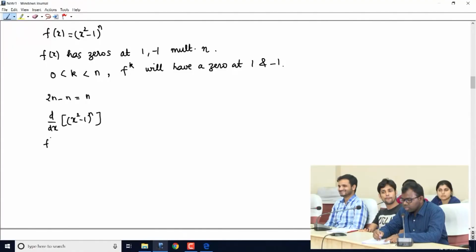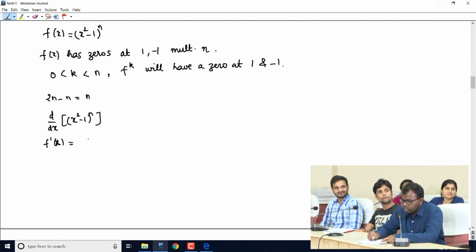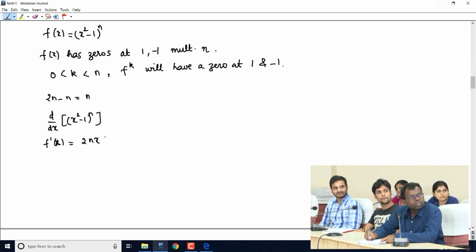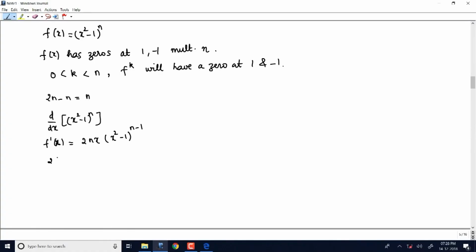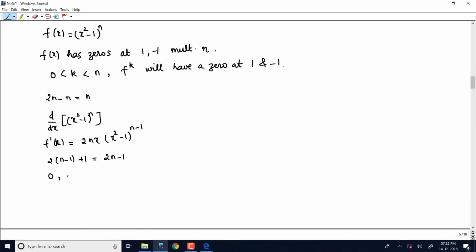Okay, so to compute this differentiation, f'(x) is equal to 2nx times (x² − 1)ⁿ⁻¹. So what about the zeros of this f'(x)? f'(x) has degree 2(n − 1) + 1, that is 2n − 1, and the zeros of f'(x) are 0, −1 and 1.